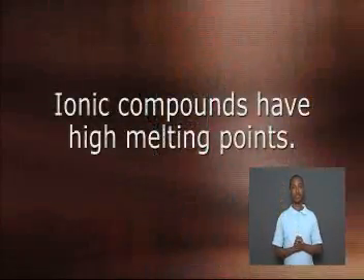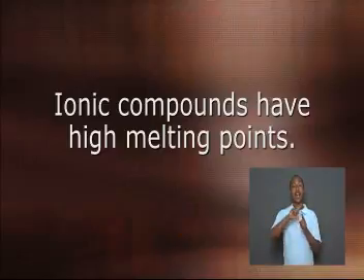The melting point of sodium chloride is 801 degrees Celsius, and the melting point of copper chloride is 498 degrees Celsius. Thus, we can conclude that ionic compounds have high melting points.